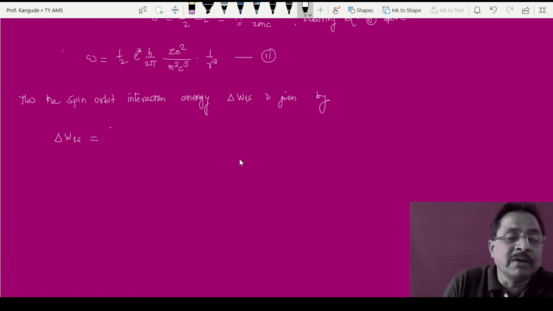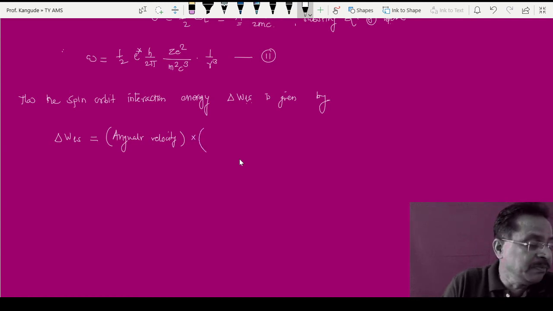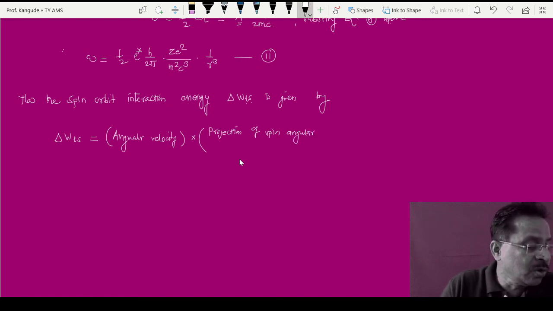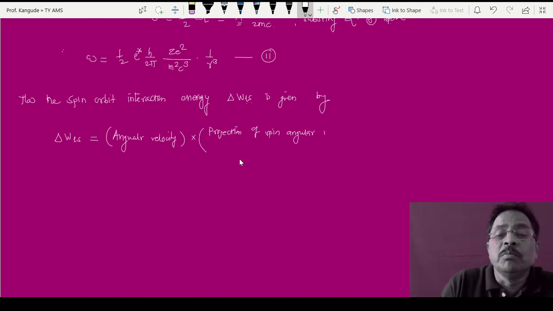now I am writing one very interesting relation here, angular velocity into another factor here, projection of spin angular momentum on L star.